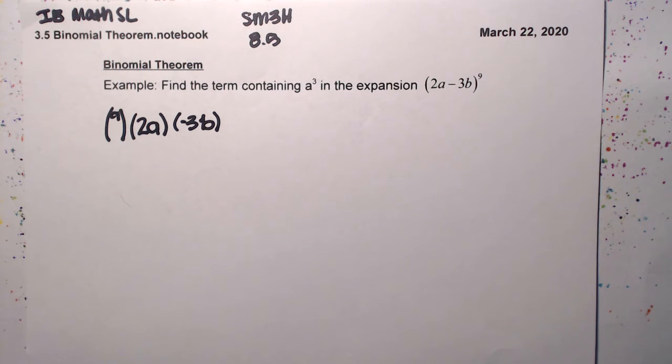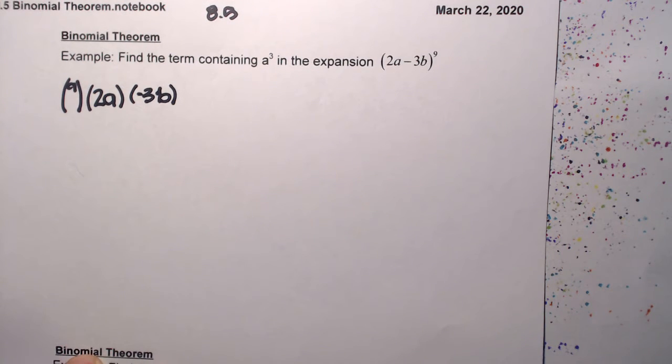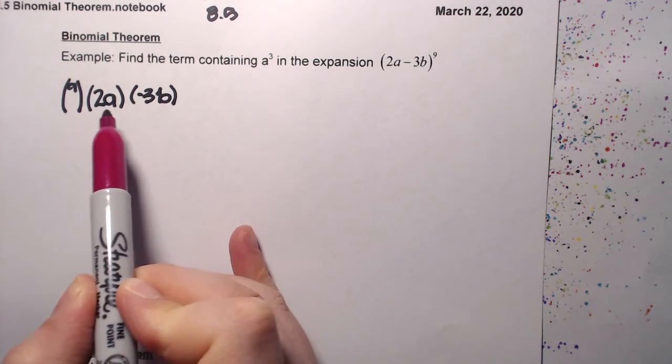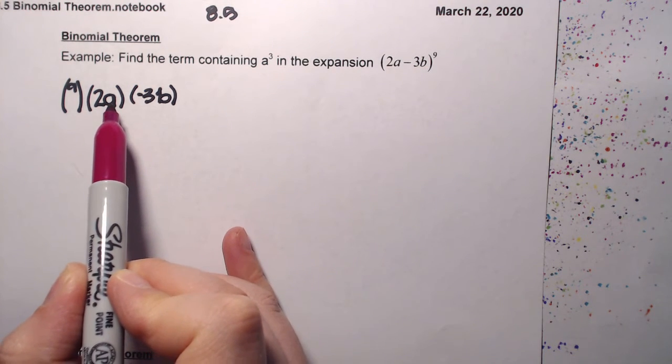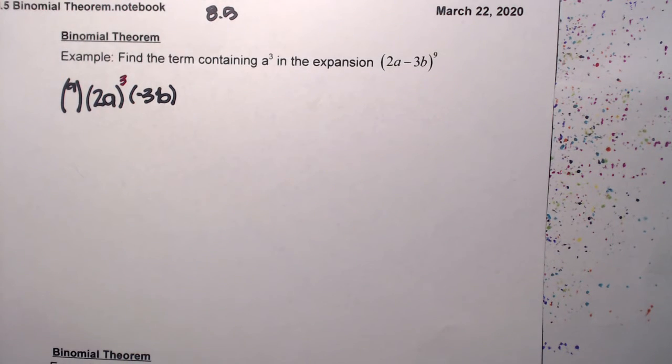So we're going to think about this as if we were expanding it. What would get me a cubed? Well, there's only one place where there's an a, right here. So to get that cubed, this would need to be a 3.